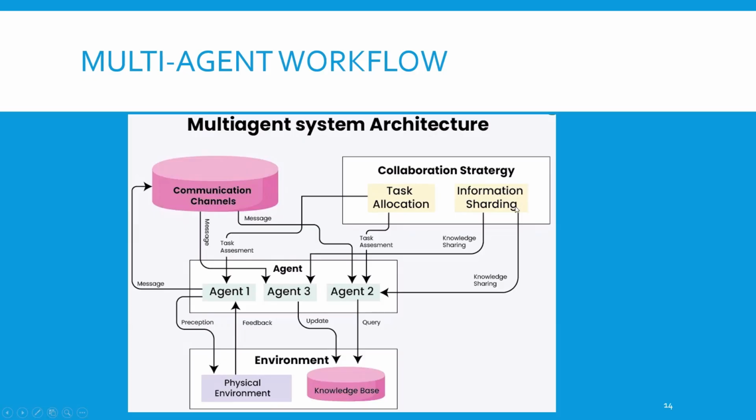Then there can be information sharing or knowledge sharing to agent 3 and agent 2, and the knowledge base can be populated with updates and queries by these agents. The physical environment can send some feedback to agent 1, and perception can then be fed by agent 1 to the physical environment. So this is basically a system. Agents 1 to 3 are the set of agents which are interacting with the environment based on a collaboration strategy and based on internal communication through communication channels.